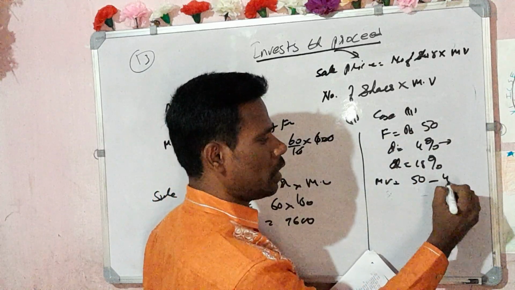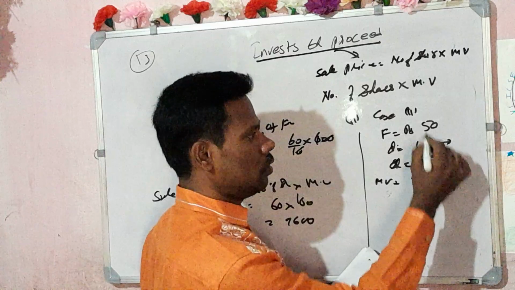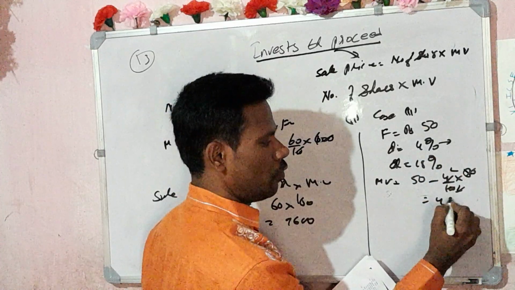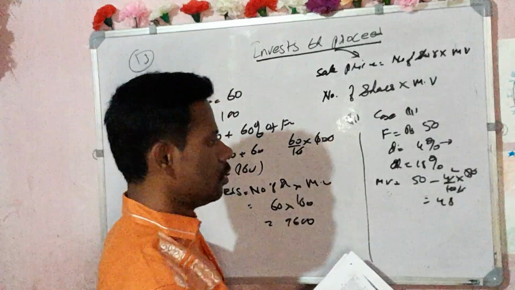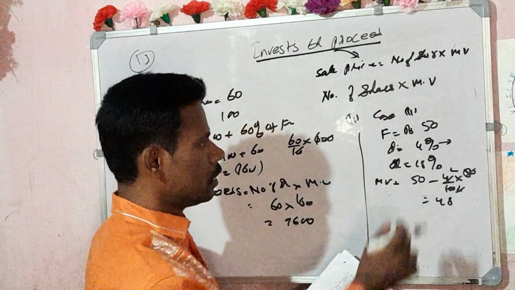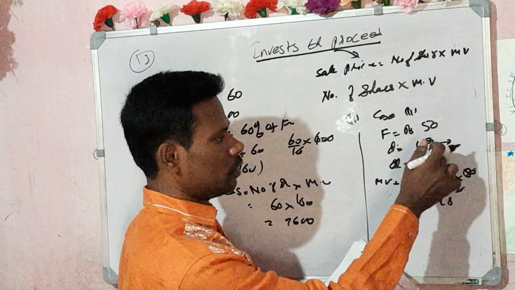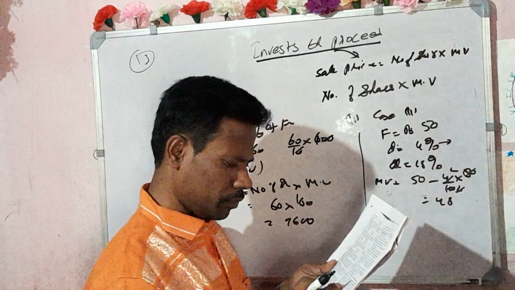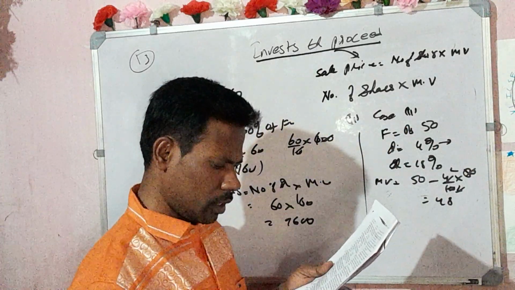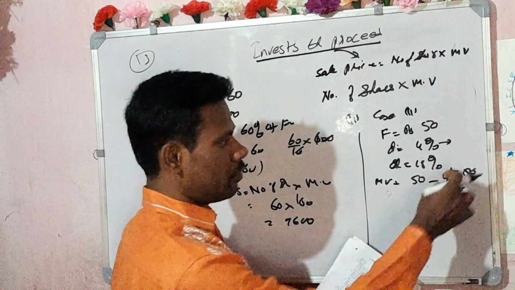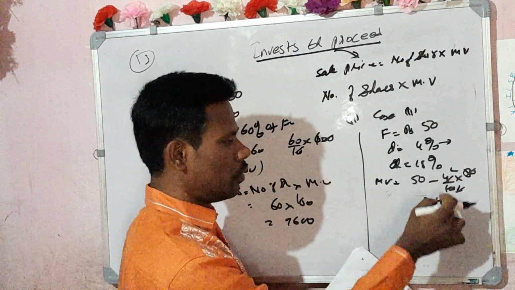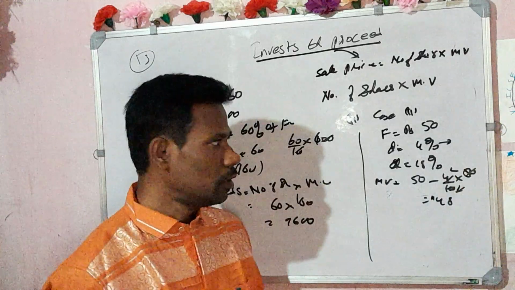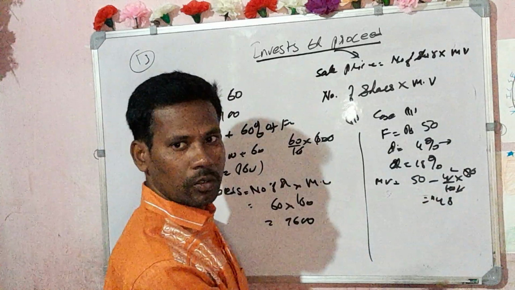Where discount is given, it is 50 minus 4 by 100 into 50. Face value is given as 50. Four twos are 8, so rupees 2... simple calculation, rupees 4 discount, so market value is rupees 48. Until here there is no confusion.